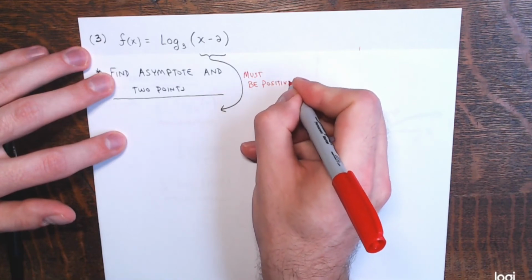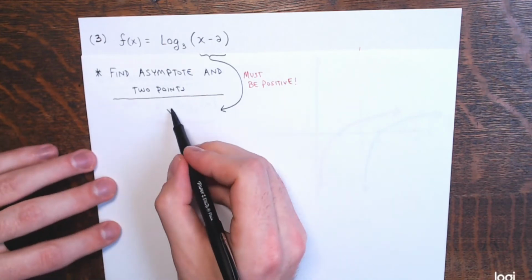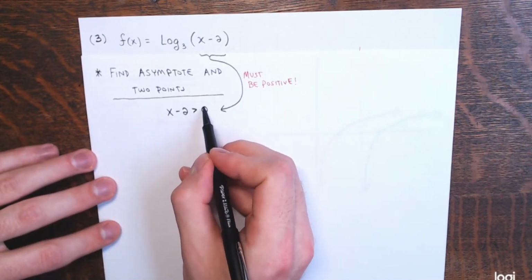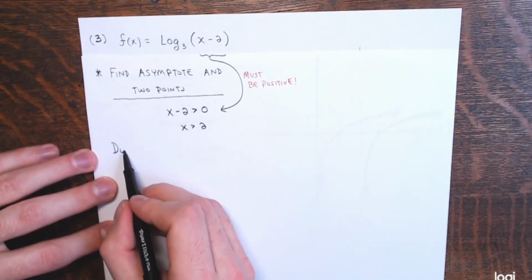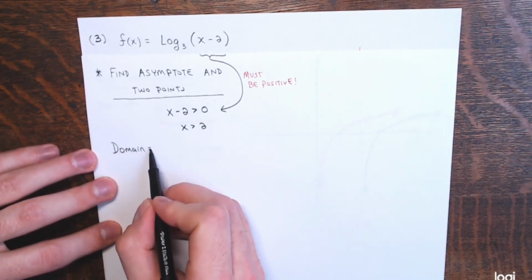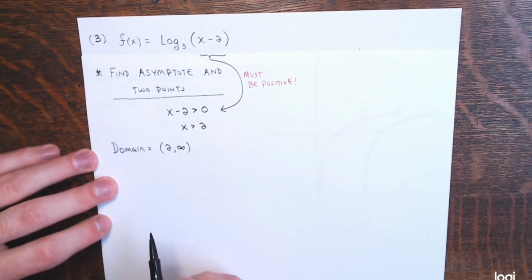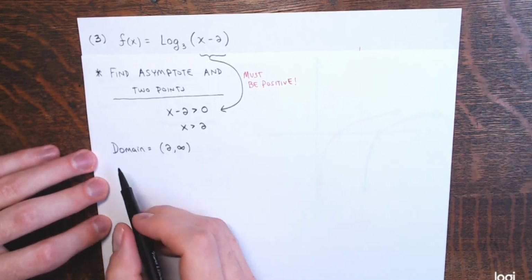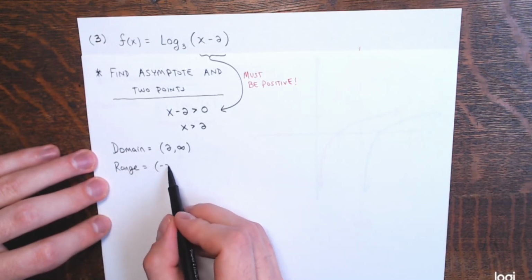Right, so this x minus 2 must be greater than 0, meaning that x must be greater than 2. So the domain of this function is all numbers greater than 2, from 2 to infinity, not including 2. Range is all real numbers, as usual, for these logarithmic functions.